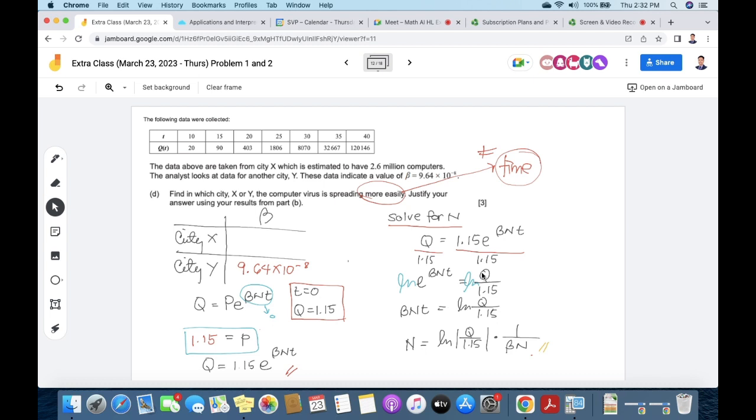Okay. Now, to proceed, we need to have a known value of q and t. Sorry, I think something's wrong here. This is not bn, this is b times t. A known value of q and t. Did we have a known value of q and t before? What is it?